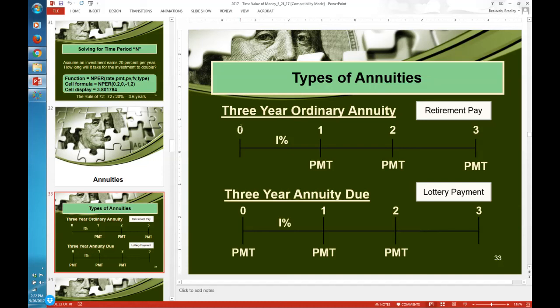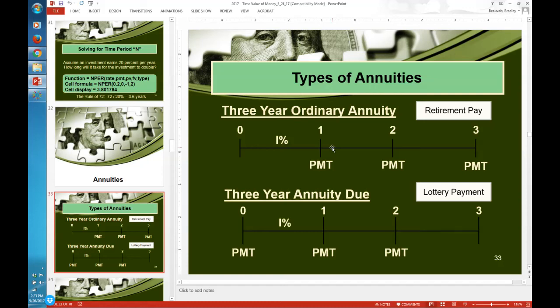By the good grace of the American taxpayer and 20 years of service, I received my first retirement payment basically a month later. Okay, so I retired in August. My first payment comes in September, October, November, and so on. Okay, that's an ordinary annuity.